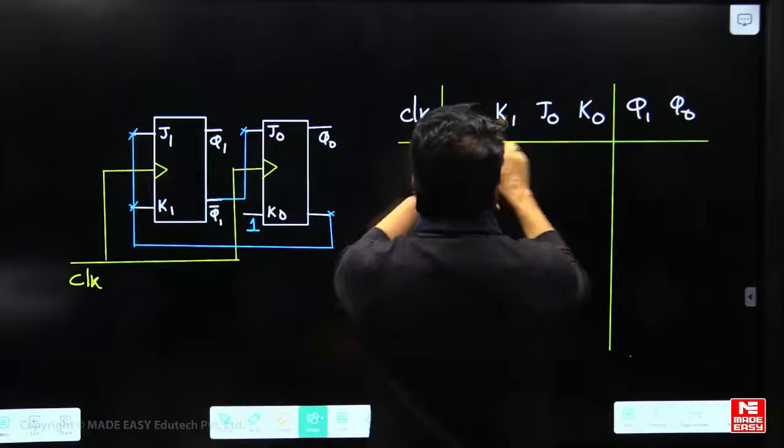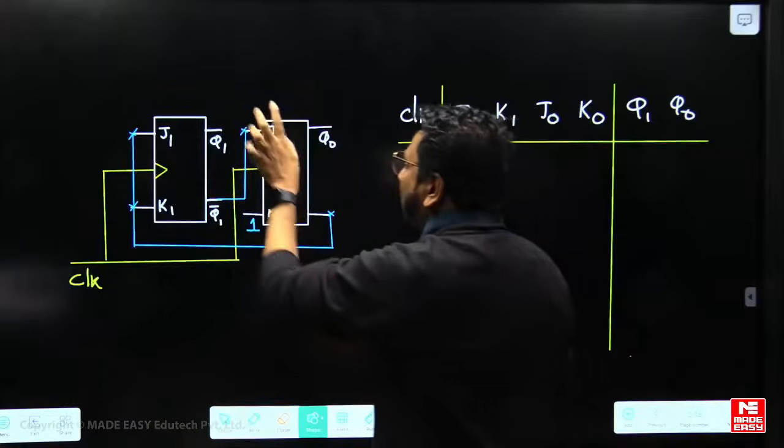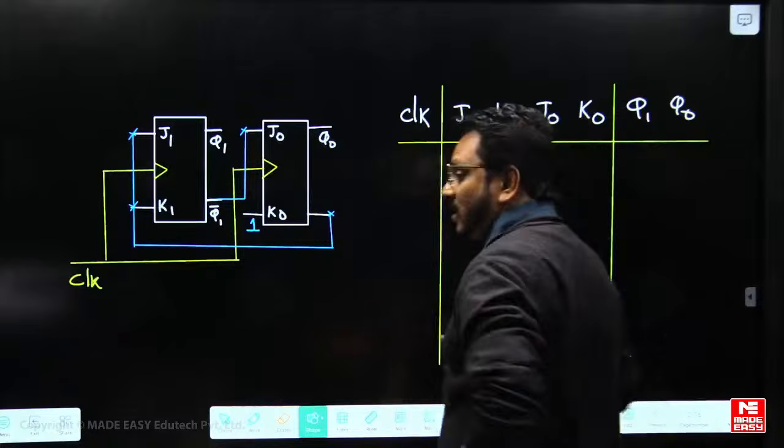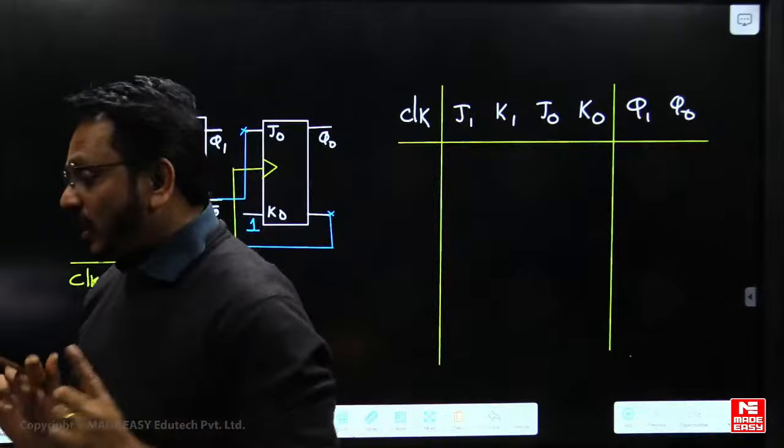All the inputs J1, K1, J0, K0 of the flip-flops are written here, and the outputs Q1, Q0 also. So that's the first step.